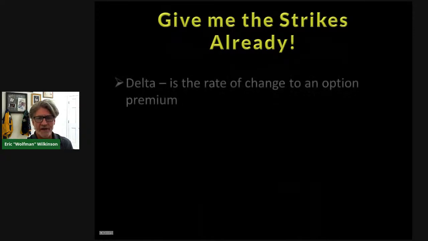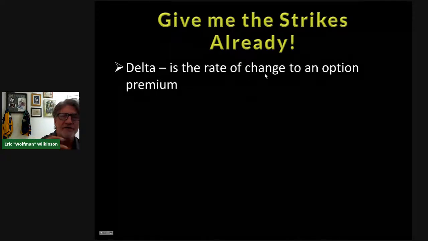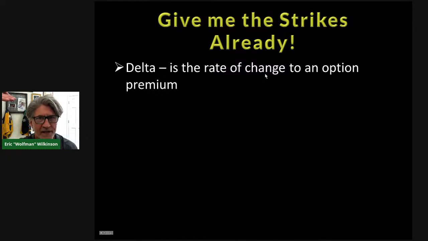So when we're looking at this, we're going to be looking at delta, and it tells us the rate of change in that option. So when the underlying moves up by $1, remember I said we aren't going to be able to take advantage of it dollar for dollar? Well, what we will do is, when the underlying moves higher by $1, if it was in the calls, then our premiums would increase by the corresponding delta, all right?